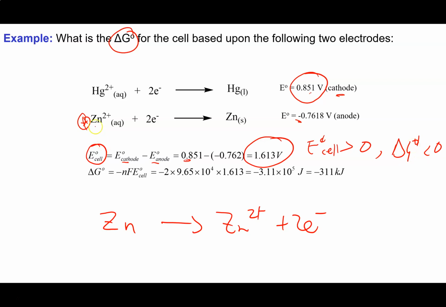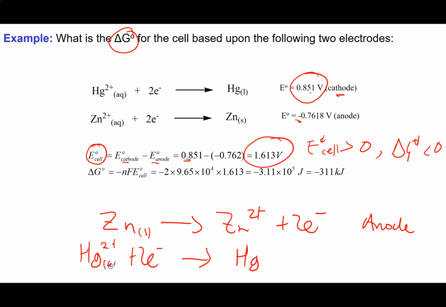How many electrons are being transferred? Well, it's going to be 2 electrons, isn't it? So this is my anode reaction, and then my cathode reaction will be that one. What's really happening is 2 electrons are being moved from solid zinc to the aqueous Hg2+.